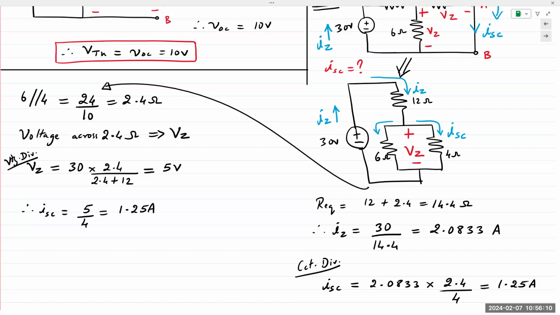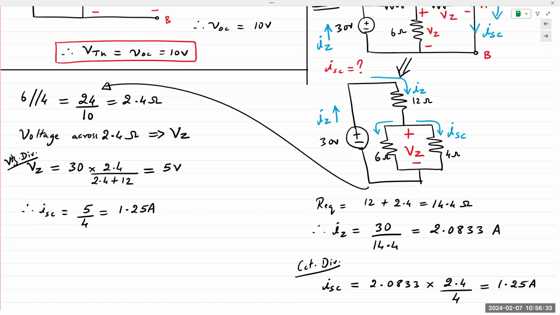So in this case, these are the only two methods I can see. You reduce it down to one single resistance, apply Ohm's law, find the current, IZ, and then apply current division. Current division is a shortcut. Once you have IZ times 2.4 gives you VZ, just 5 volts.